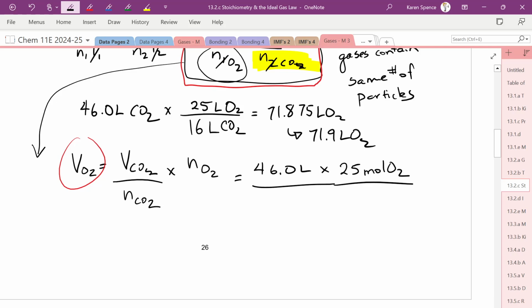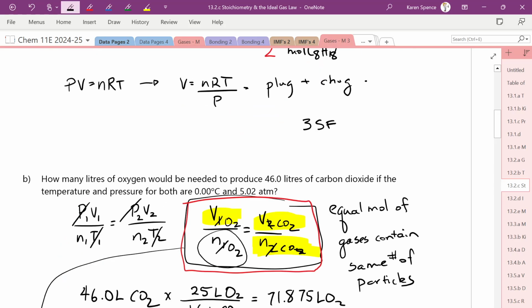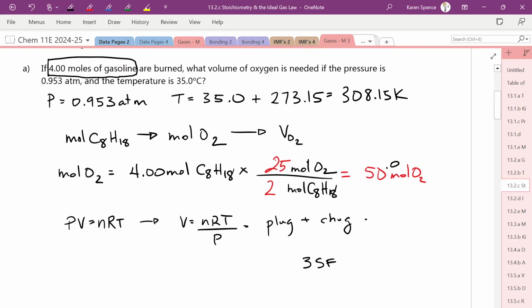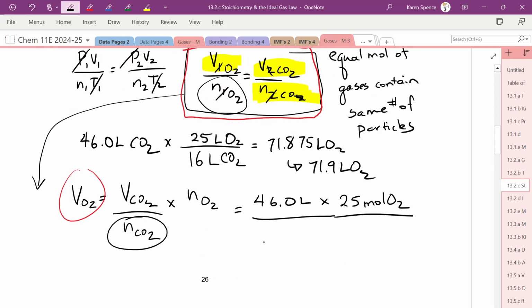And then, my moles of CO2 are 16, right? 16. Look what we have. We have 46 times 25 divided by 16. Is that what we had before?